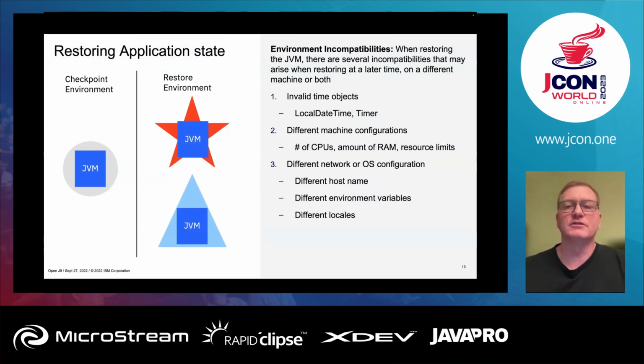You're going to have to update all of these things so that the Java application isn't aware that it came up in a restored checkpoint, as opposed to having started from scratch in the restore environment. On the right side are just some examples of things that might have to be updated. Your network configuration might be different, the machine configuration might be different, etc. All of these things are taken care of by the InstantOn facility so that you don't have to worry about them.